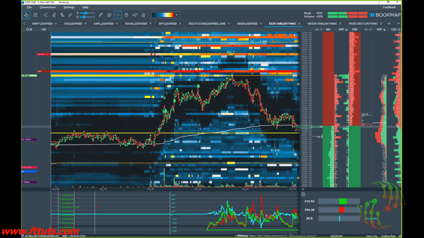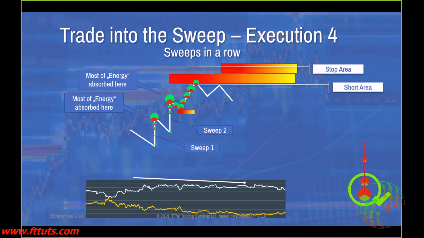We had a foil, and let me show you the foil. This one. Execution 4, trade into the sweep. Sweeps in a row. We talked yesterday about this variation because it happens more. It happens that a sweep happens, then normally price is retracing because at this moment there is no more energy to push the price further up.